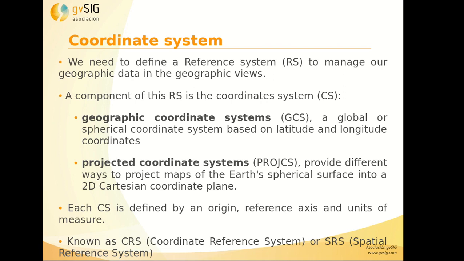We can see two different concepts for that: the CRS, or coordinate reference system, or SRS, the spatial reference system. When we see these two concepts in our GIS, we know that we are speaking about the reference system.